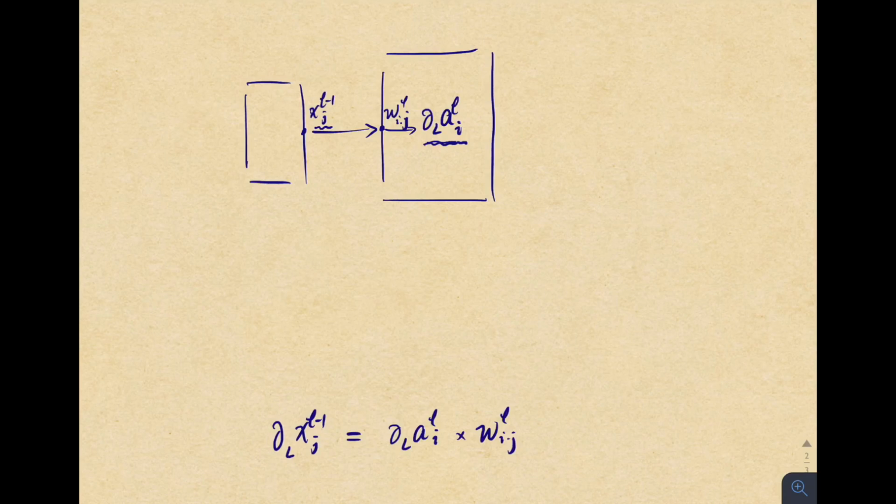We must be reminded that this output is not only given to this one neuron. There are multiple neurons in the Lth layer. Let's consider, for example, another neuron, say the kth neuron of the Lth layer.